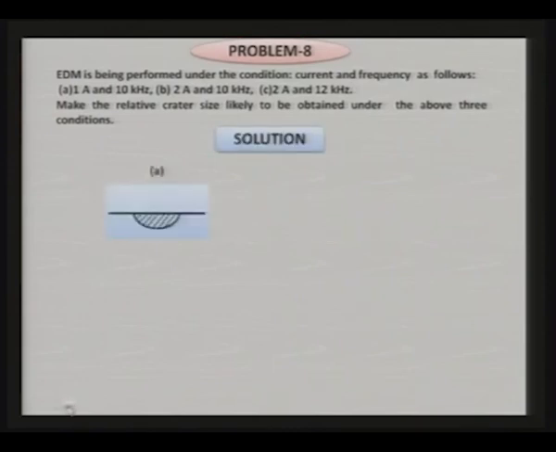So, you can see this is the crater that you are going to get at 1 ampere and 10 kilohertz. Now, in the second case the current increases, but frequency remains the same, so it becomes 2 ampere, 10 kilohertz. Since the current has increased, the size of the crater is also going to be larger.